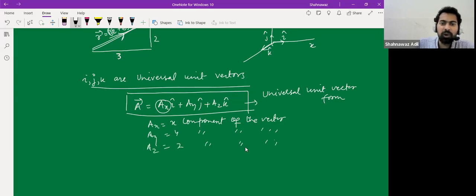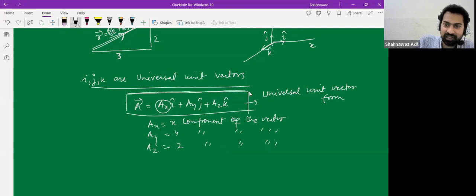Let me again reach from where we started the vector part. So a vector has how many parts, Saad? One is the magnitude, the second is the direction. What is the third one? Do not get confused with these components, right?